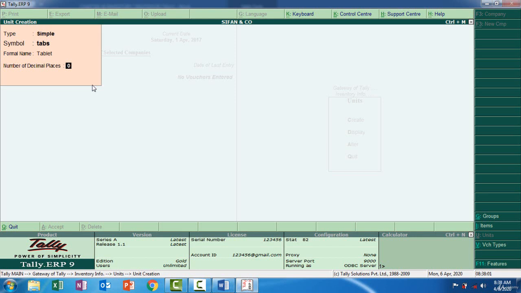If you enter 5 decimal places, it will not accept. For example, if I click 5, then accept, it will say please put the decimal place not greater than 4, it's not allowed. So we have to choose less than or equal to 4. So now the tablet is not measured by decimals, so I'm going to type 0, then yes.